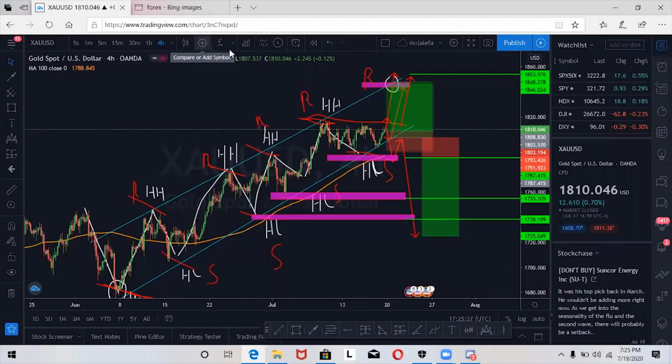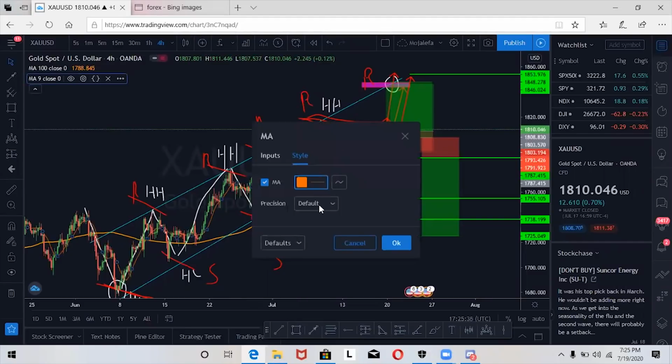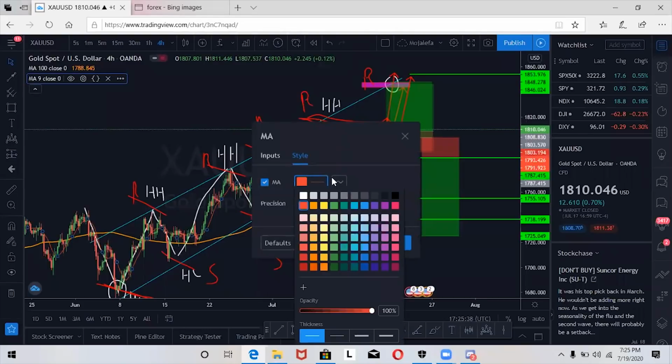Let me add them. I was using moving averages 50, 100 and 200. So they look something like this.